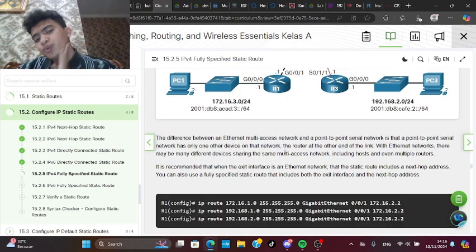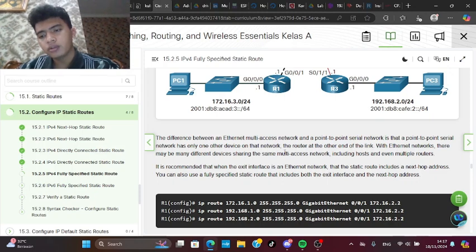The difference between an Ethernet multi-access network and a point-to-point serial network is that a point-to-point serial network has only one other device on that network, the router at the other end of the link.